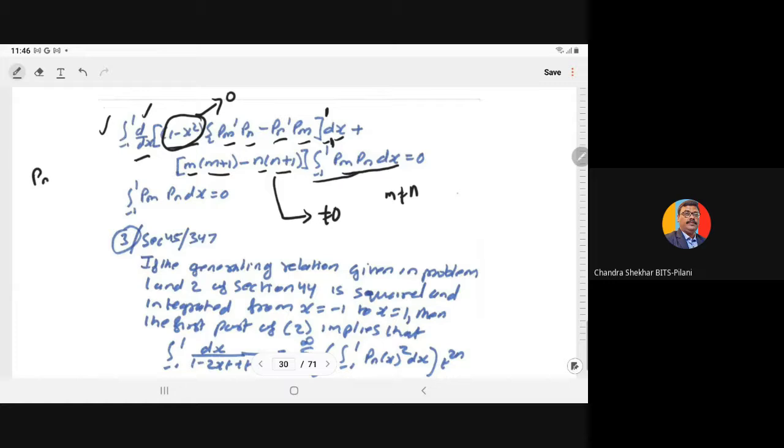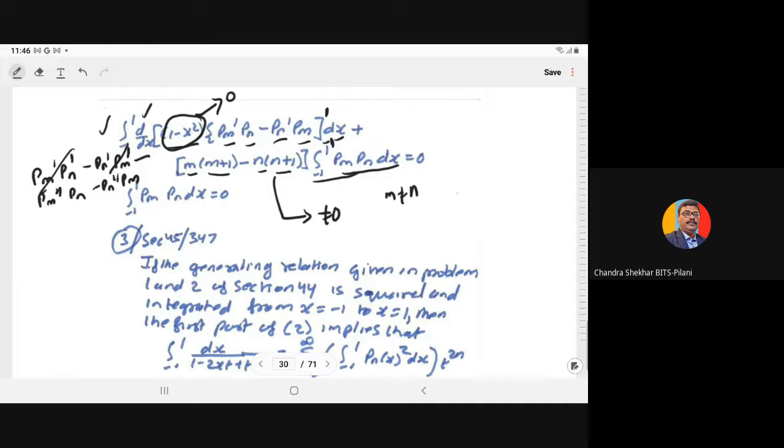So what is the Pm dash Pn dash minus Pn dash Pm dash, Pm double dash Pn minus Pn double dash Pm. So this you can cancel and the original equation you will get.